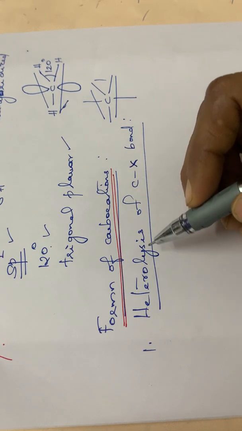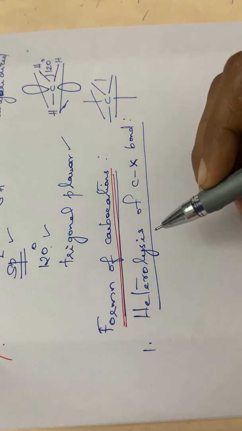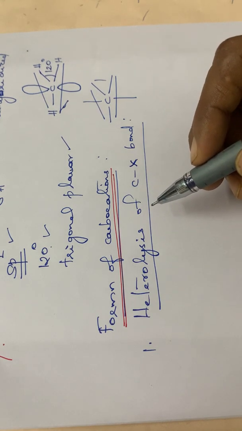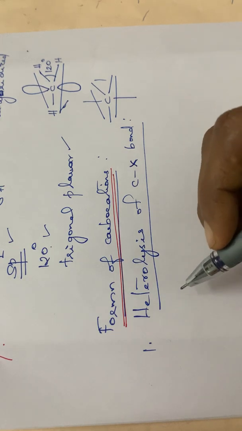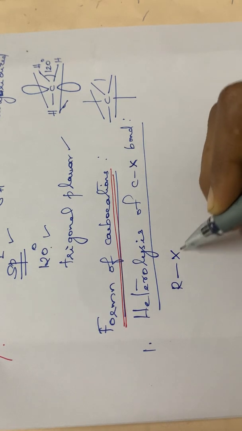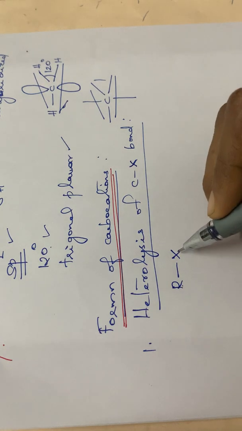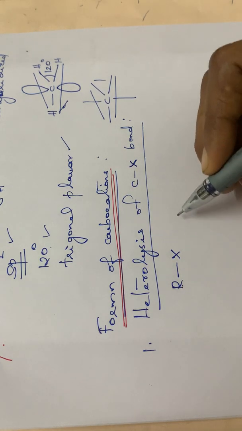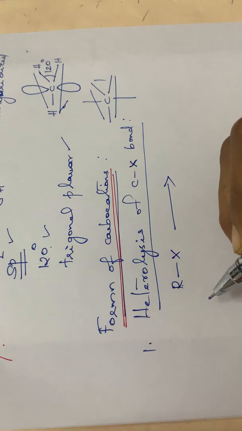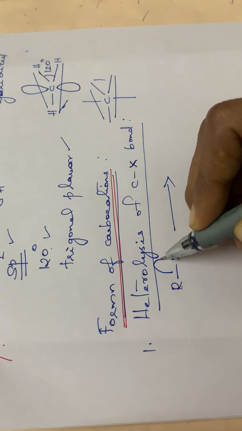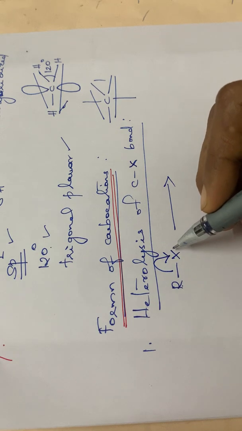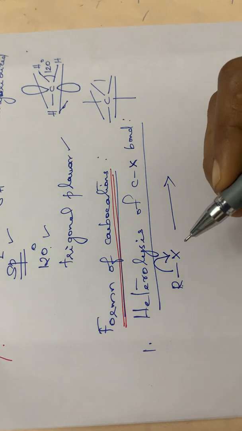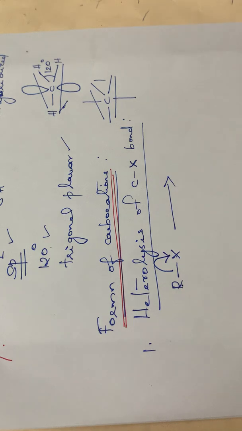Heterolysis means the splitting is not in a symmetrical manner, isn't it? One of the electron pairs will be shifted completely to one of the atoms. That is heterolysis. So the alkyl halide we are taking, in general we can write it as RX. In the heterolysis of this alkyl halide, the electron pair will be completely shifted towards the halogen atom, since the halogen atom is more electronegative than the alkyl group.